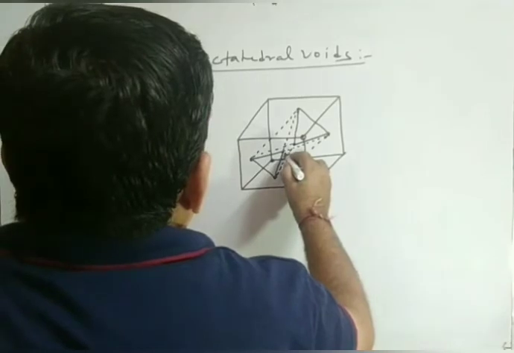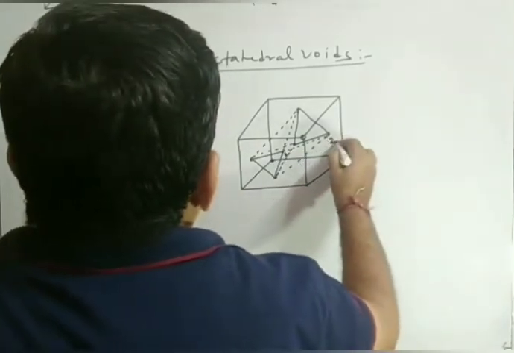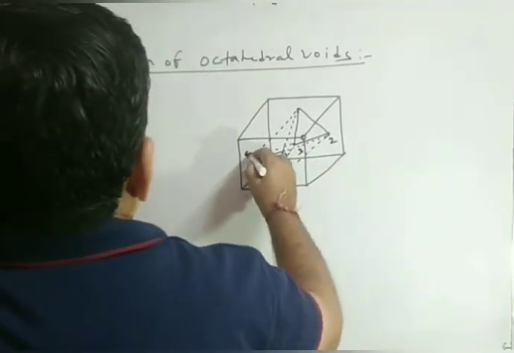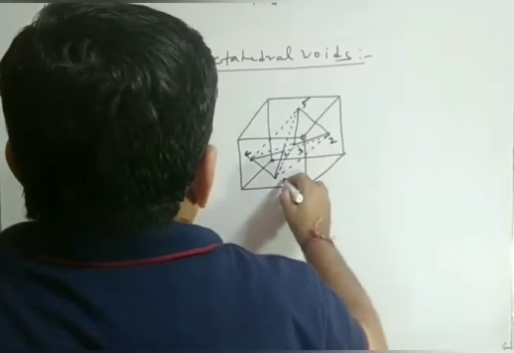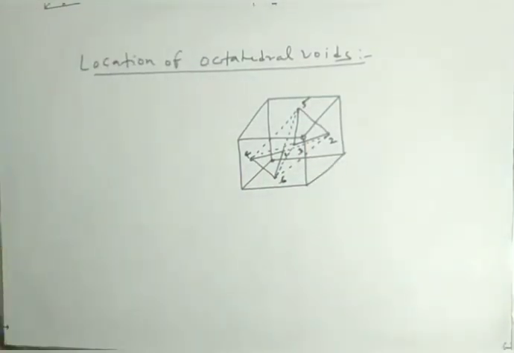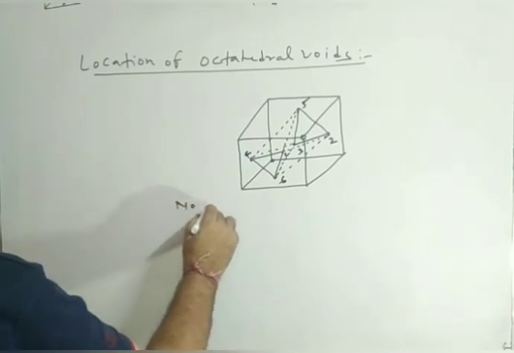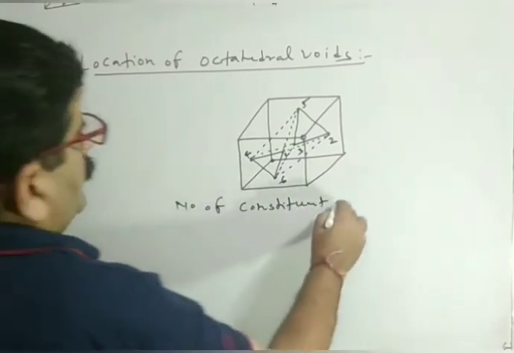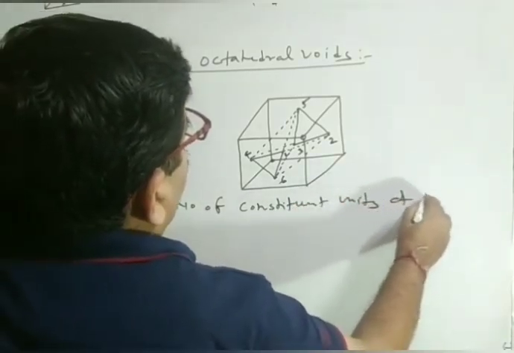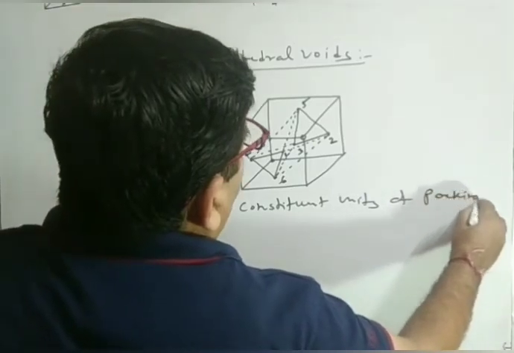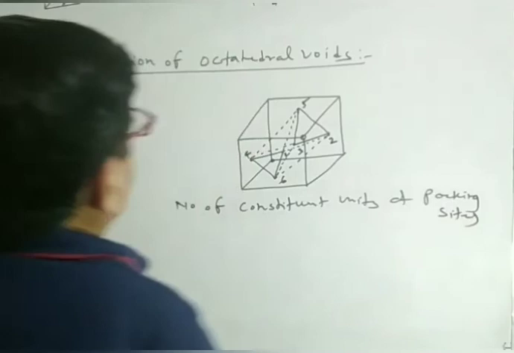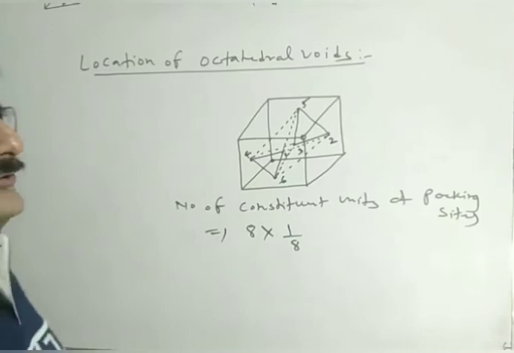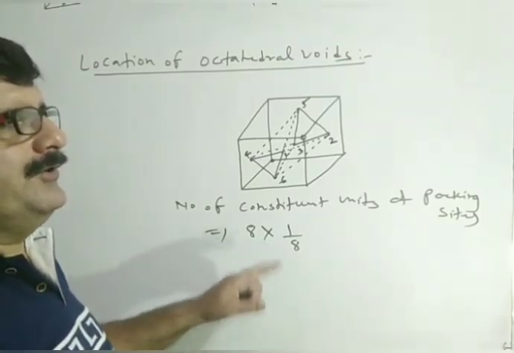This is 1, 2, 3, 4, 5 and 6. So the number of constituent units at packing sites is equal to what? 8 into 1 by 8, because contribution by one corner in a cube is what? 1 by 8.